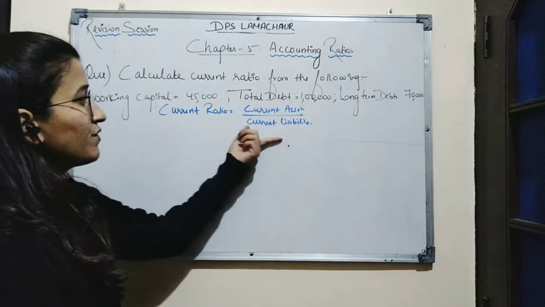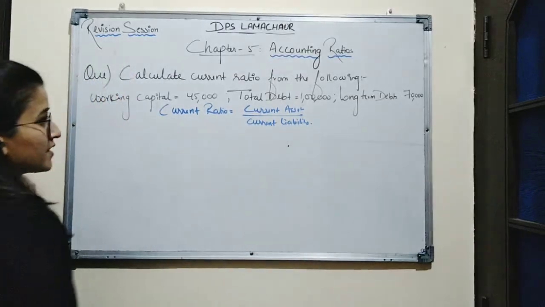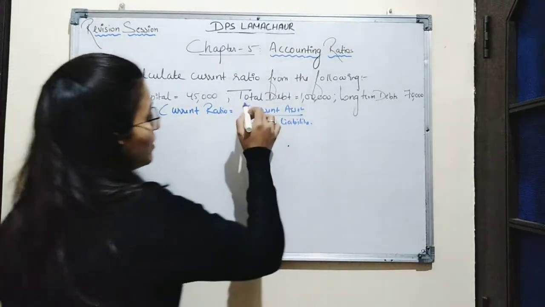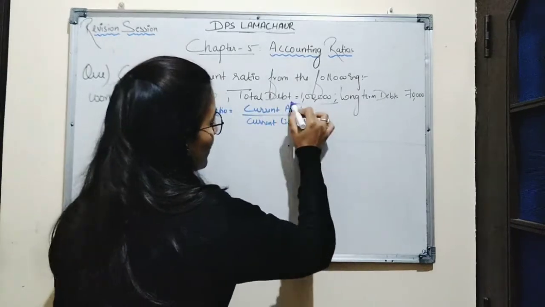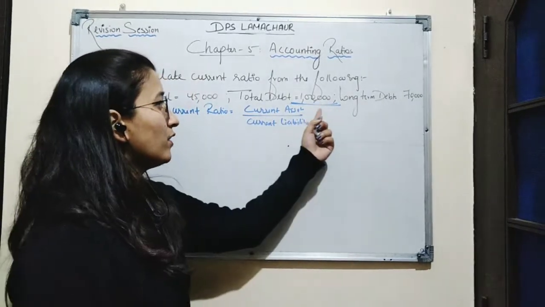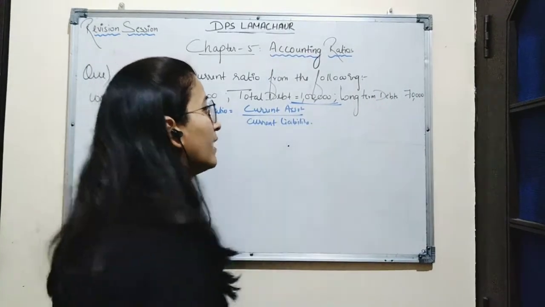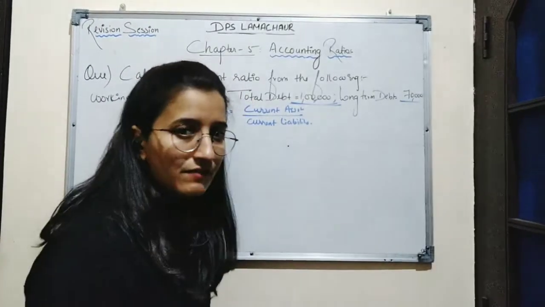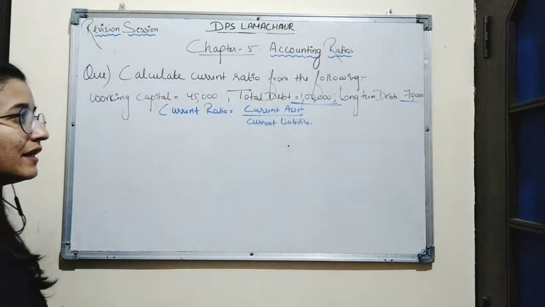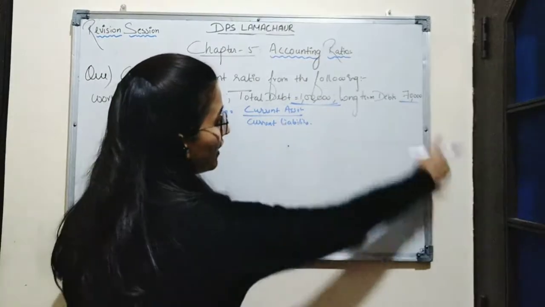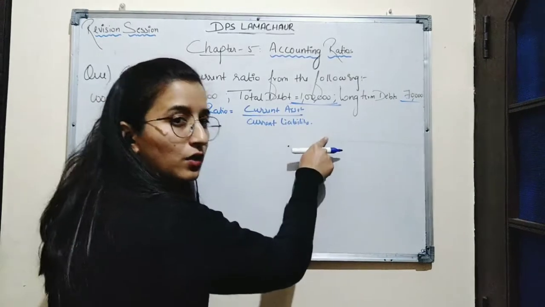So here first we will calculate current liabilities. As we know, we have been given total debt amounting to 1 lakh rupees. Means the total debt of the company is 1 lakh, and from 1 lakh long term debt is amounting to rupees 70,000. So current liability can be calculated by subtracting long term debt from total debt.